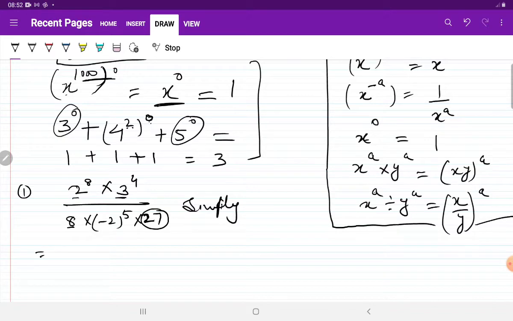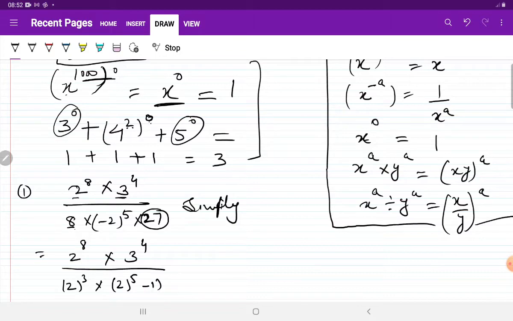And again 8. I have to bring 8 also in the form of 2. So what I will write? I can write 2 raised to power 8 into 3 raised to power 4 like this. So what is 8? 8 is 2 raised to power 3. Into minus 2. You can write this minus sign outside. So you can write it 2 raised to power 5. Okay.